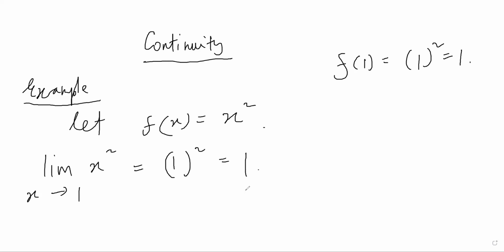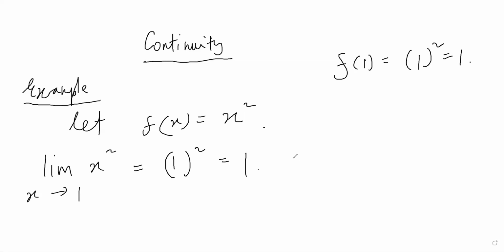Okay, so when a function satisfies this, we say that the function is continuous at 1. If to find the limit of the function when x approaches a number, in this case 1, we can simply substitute into the function the number that the x values are approaching, then that function is called continuous at that number.